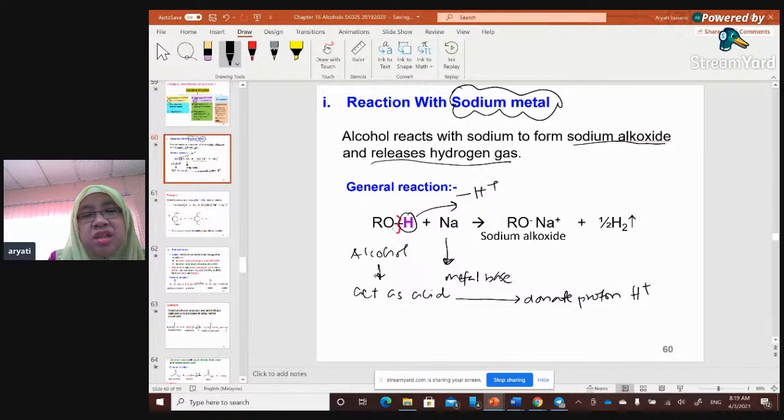RO minus reacts with the metal base sodium to produce sodium alkoxide, and hydrogen gas is produced. This is the general equation for acid reacting with metal base, which you learned in Form 4, where it produces salt and hydrogen gas is released.